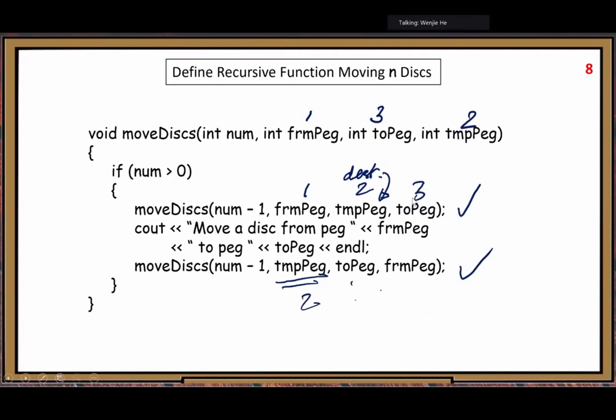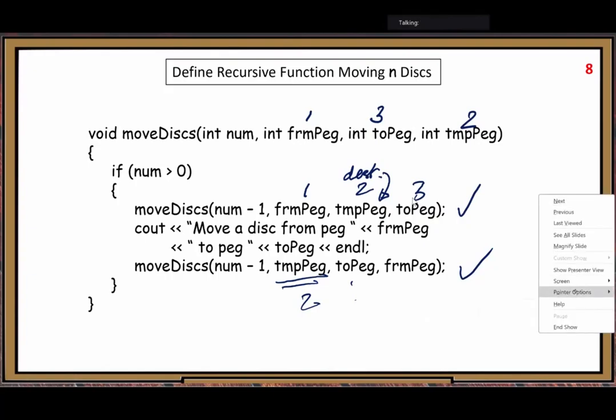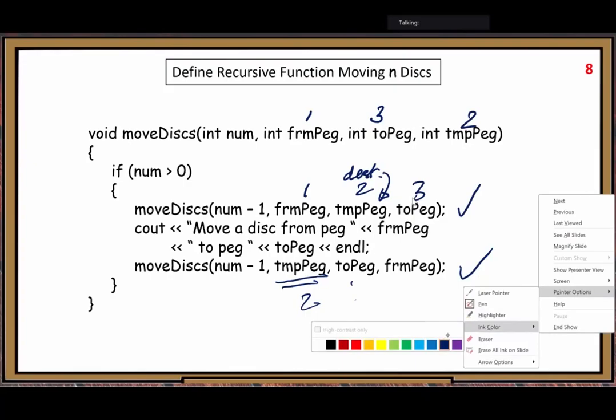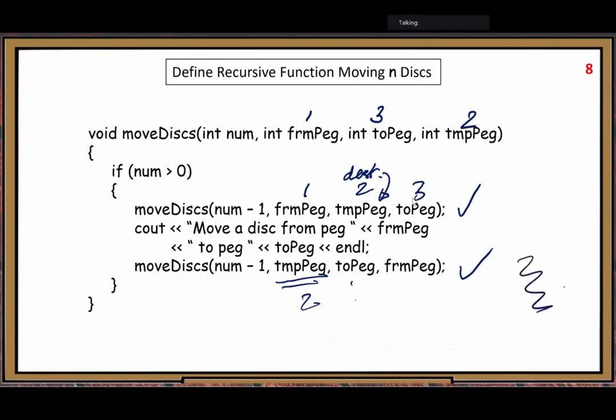Oh, I need to change a pen. Let me change a pen. All right. 3 and 1. 2. All right.